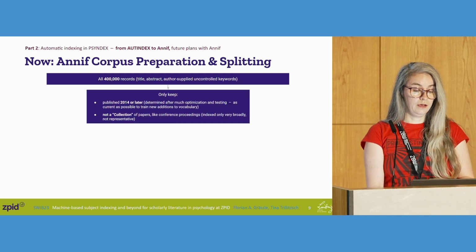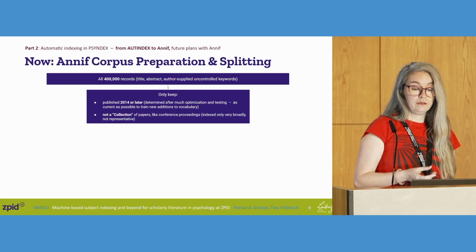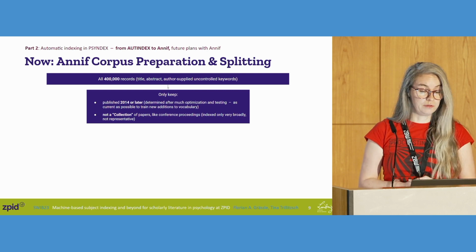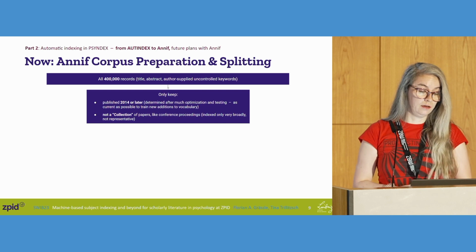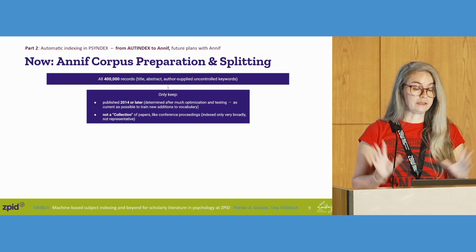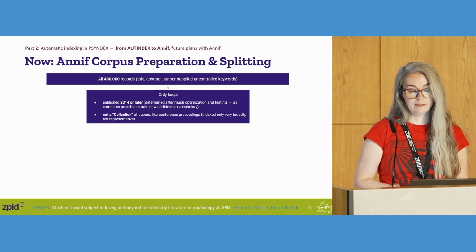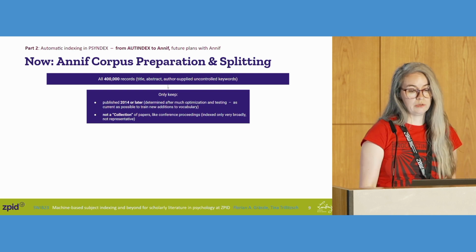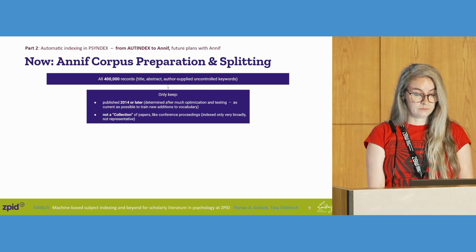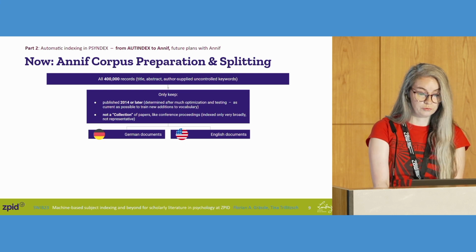And then, after much testing, we came up with the publication year that has to be at least 2014 or later. And we decided we wouldn't include collections of papers, because conference proceedings and the like are indexed only broadly and not really representative for training. Then we split into German and English documents, so 2 training corpuses.